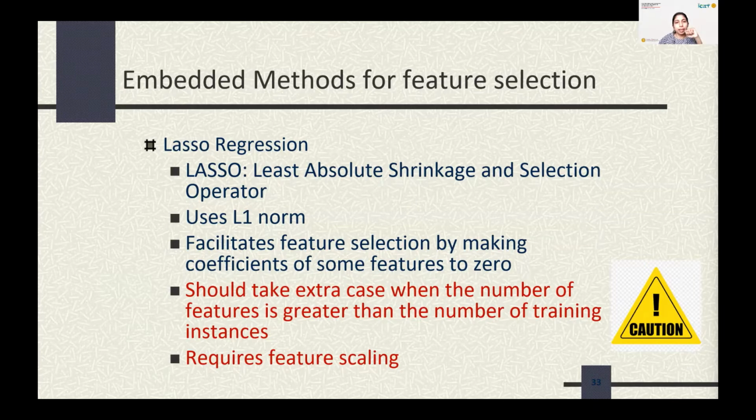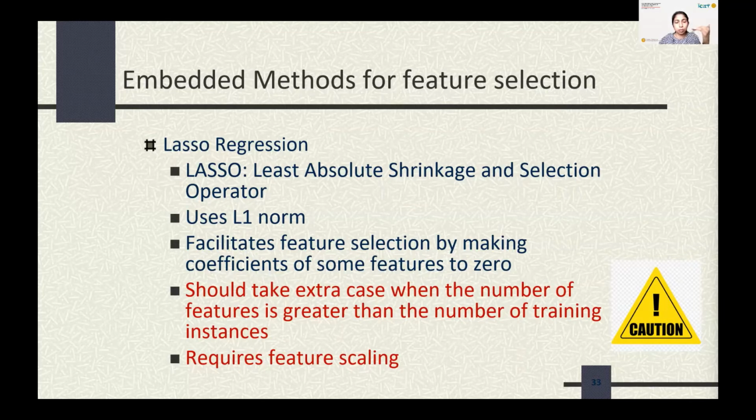But if you look at the workings of lasso regression, it might not work well in the case where the number of features is greater than the number of training instances. For example, the very first example that I mentioned, where we have a large number of features but a small number of instances.